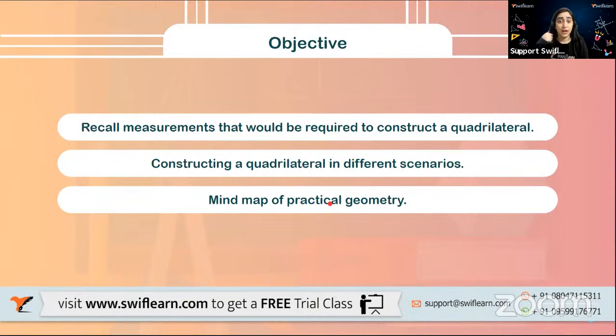Whenever you're going out to give your exam, just go to this map that I will give at the end of the session before I end it. I'll explain that map again with you, and it's just a revision. When you revise it, you know how to proceed and you will not have a problem. Each and every different type of question is covered in that map. So it's a key. Okay, all right, so let's start.